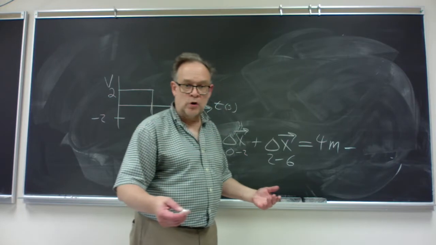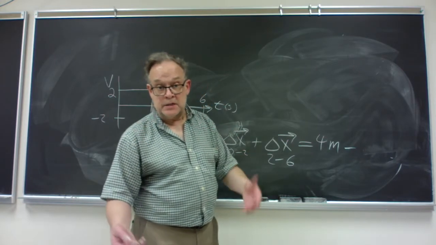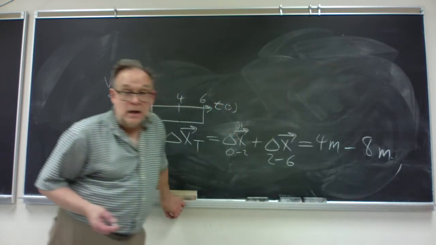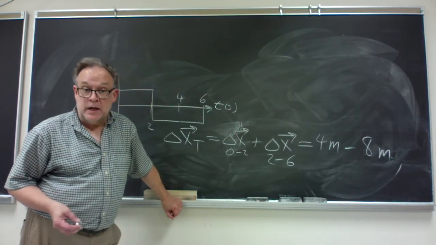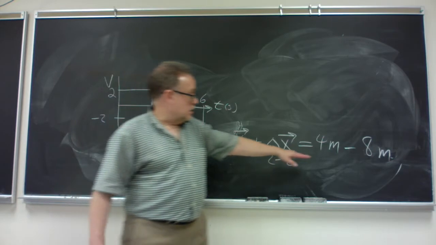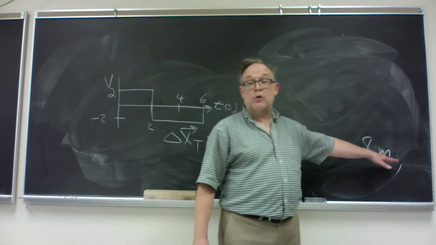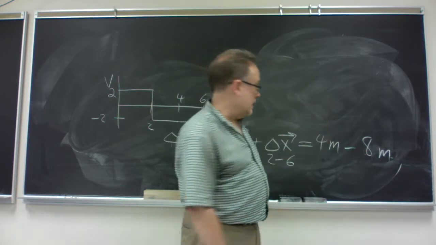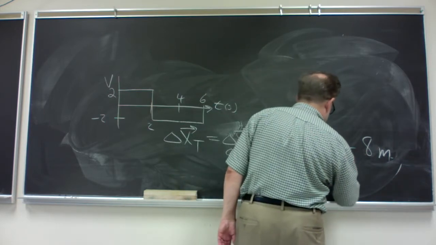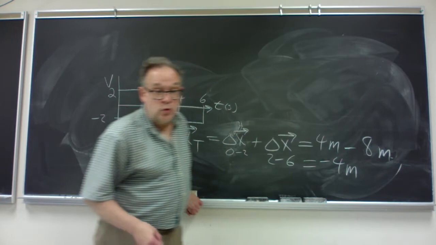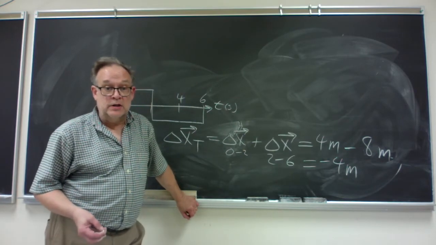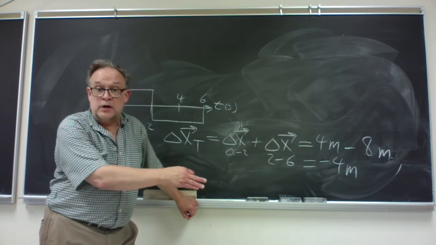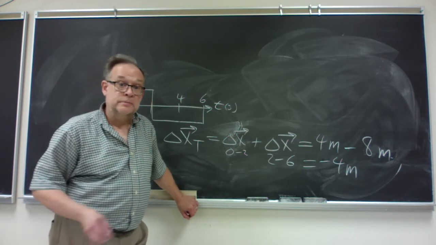And 2 times 4 is 8. A displacement of -8 meters. So in other words, you go forward 4 meters and then backwards 8 meters. So the net displacement, 4 minus 8, is just minus 4 meters. Your final location is 4 meters farther in the negative direction than where you started.